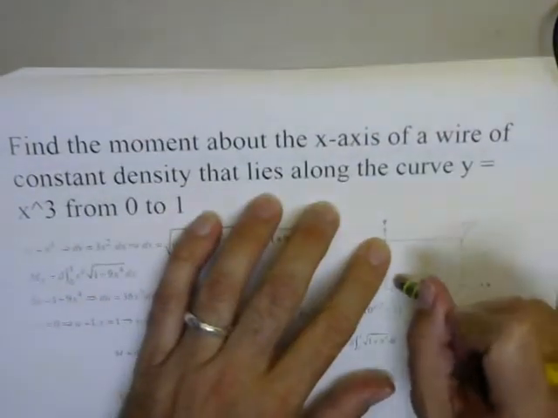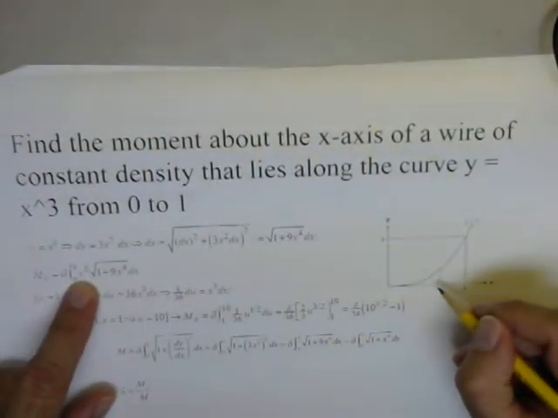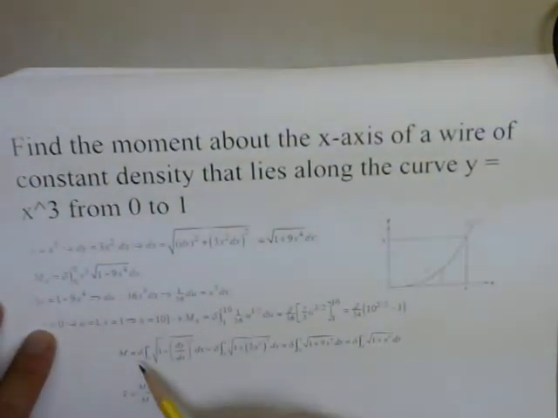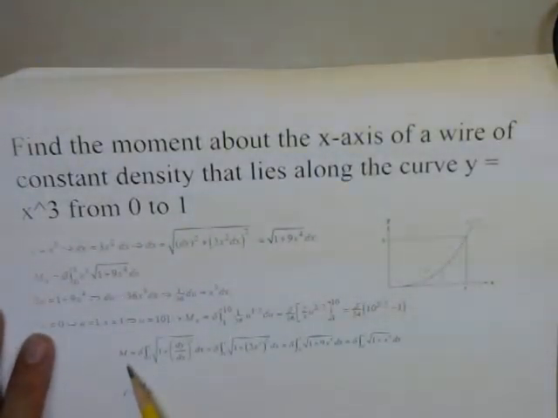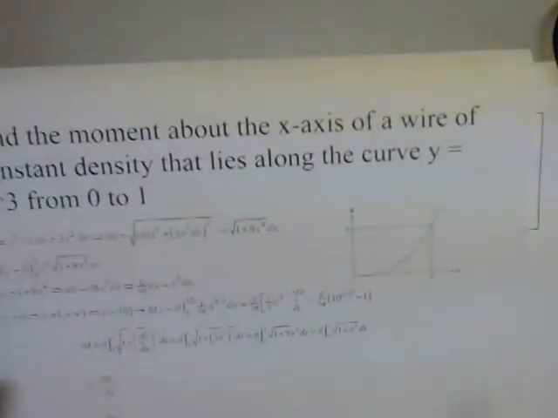Or sorry, we're calculating m sub x, which would be this distance, which would be x cubed, and then just integrate that, and that'll give you that. Then calculate the mass in this case, which would basically be the arc length times the density, and then just go ahead and divide those, and that should give you the answer for that.